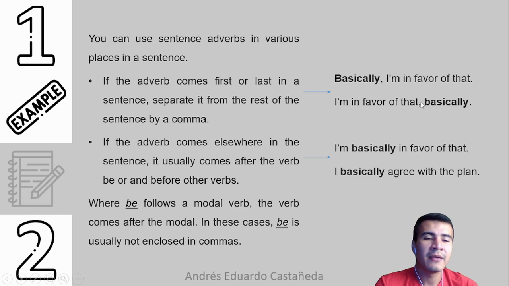And if the adverb comes last, we have "I'm in favor of that, basically." You can notice that if it comes first or last, we have to separate it by a comma. You have to do it always.